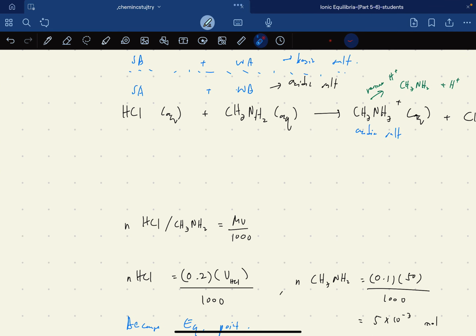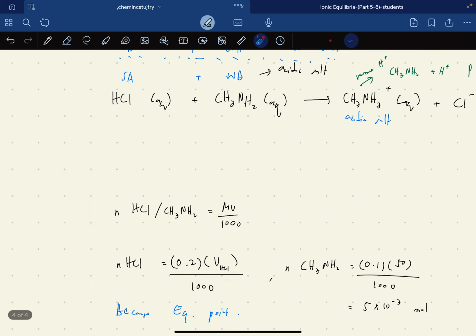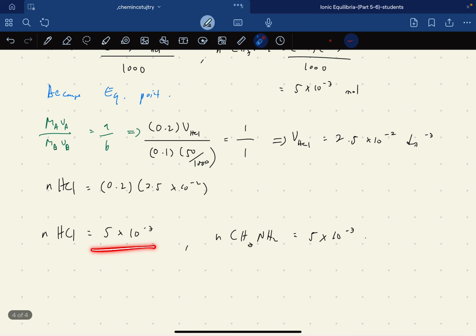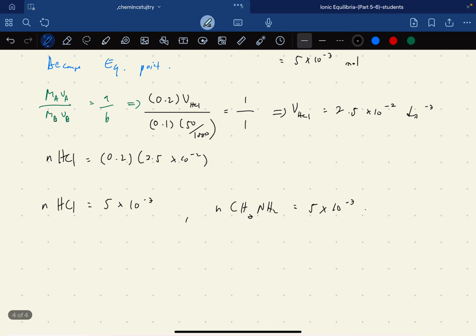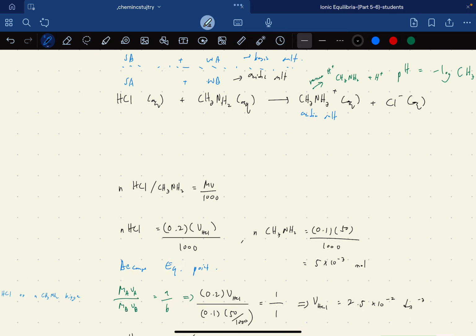That means if we have 1 HCl, we have 1 methylamine, we combine, we get something, right? So the ratio is the same. That means there's no limiting reactant because it's the same thing. So we can take any value. This is similar to our experiment just now. So it's the same thing, 5 times 10 to the power negative 3. So that's the mole.